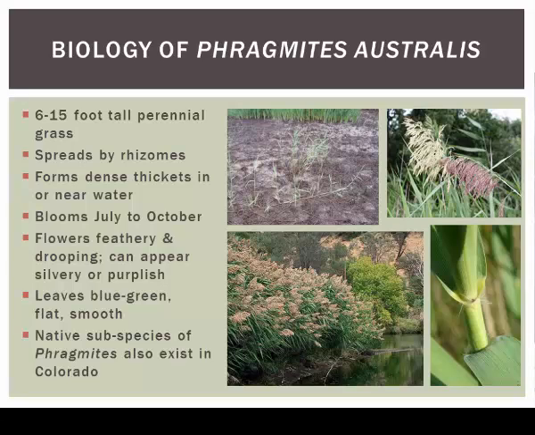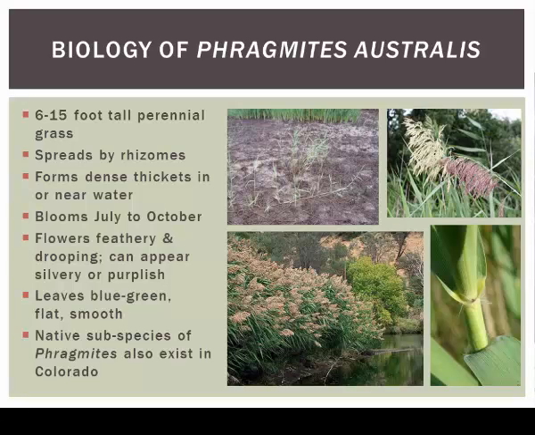So a little bit about the biology of Phragmites. This is primarily a wetland species, but it can grow in areas where there's not inundated water. It's pretty tall. It's a perennial grass that spreads by rhizomes. It also spreads by seeds, and that's probably what's contributing to those haplotype varieties that are out there now.